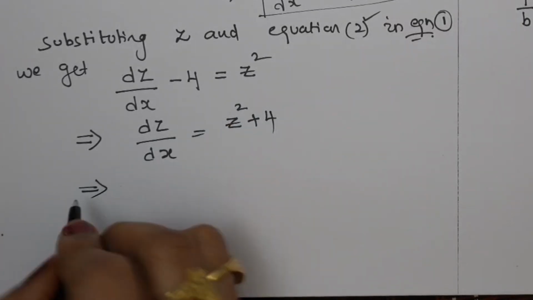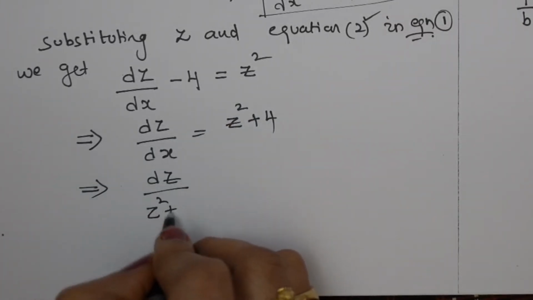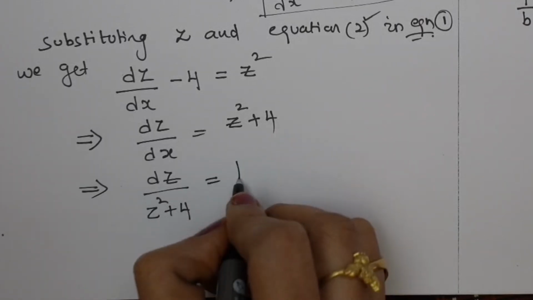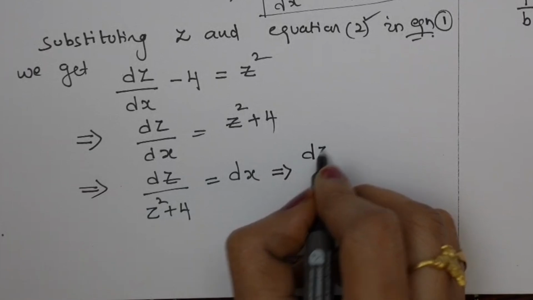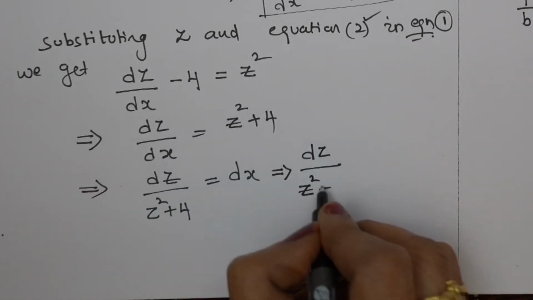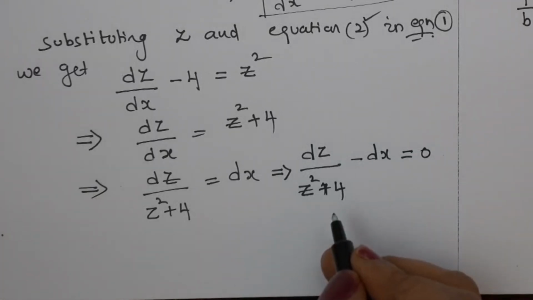So this I can write as dz by z square plus 4 is equal to dx. This implies dz by z square plus 4 minus dx equal to 0.